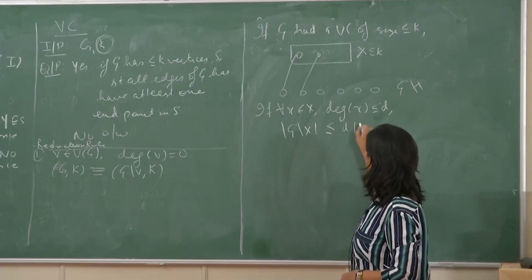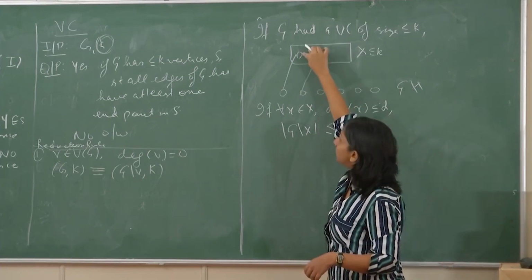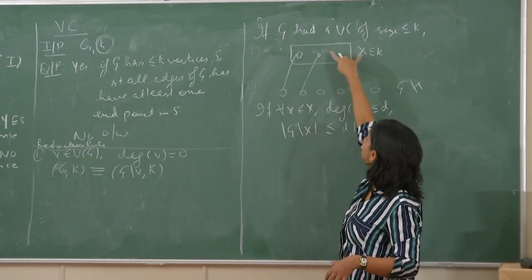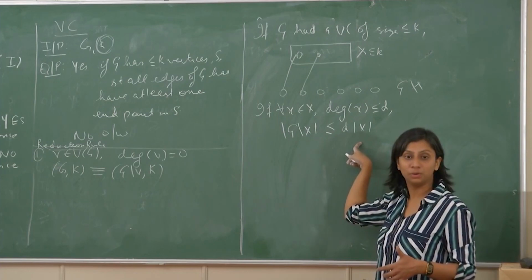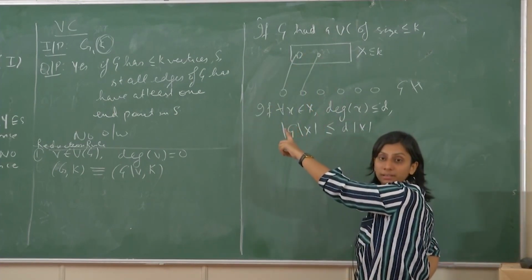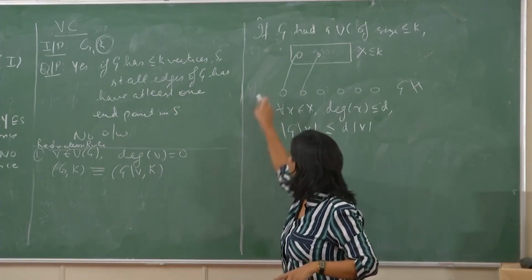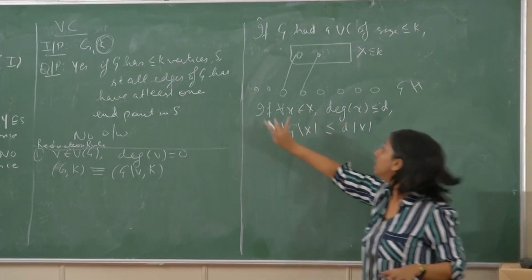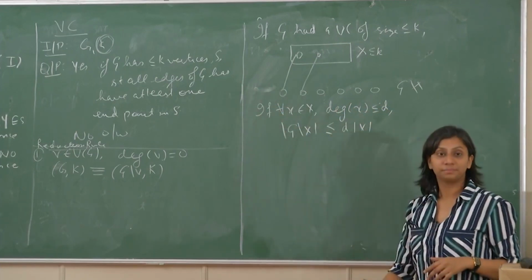At most dX. Why? Because any vertex in X can have d neighbors below. So in total these vertices can have dX neighbors below, and each vertex is a neighbor to some vertex because it can't be isolated. If I didn't apply this isolated vertex rule, there could be a lot of vertices and then I can't bound the size of this set. But with this rule, we have this.